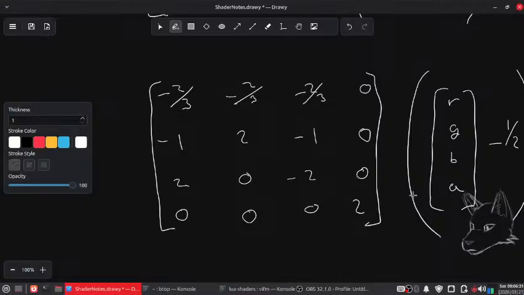Yeah, very strange looking. That's crazy weird. Not gonna lie. It's like a transpose and then divided by 2 kind of thing.